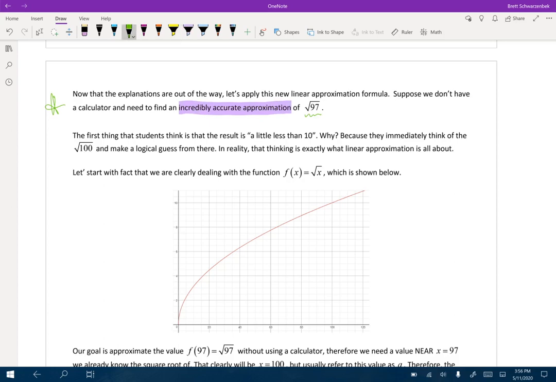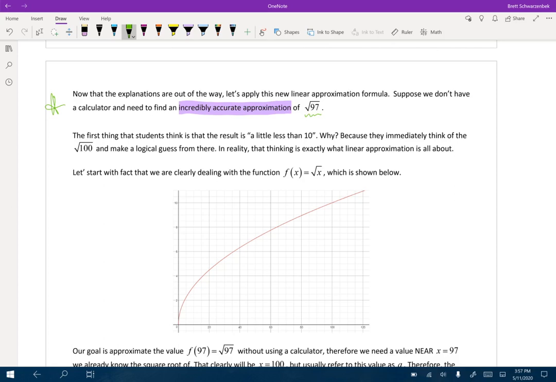So what would most students do? I think most very sharp students would say, oh, well, the square root of 100 is 10, so the square root of 97 has got to be 9 point something really high, 9.8, let's say, something like that. Well, that is an excellent guess, but it's not incredibly accurate.